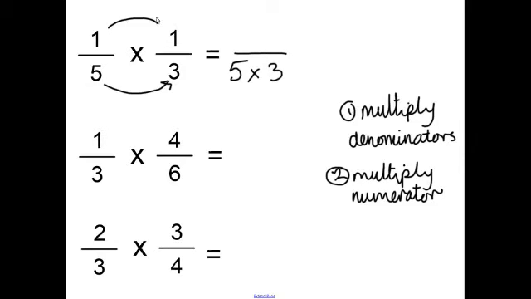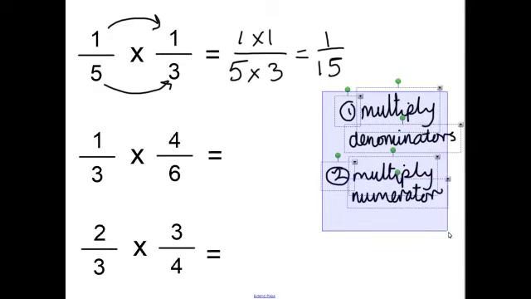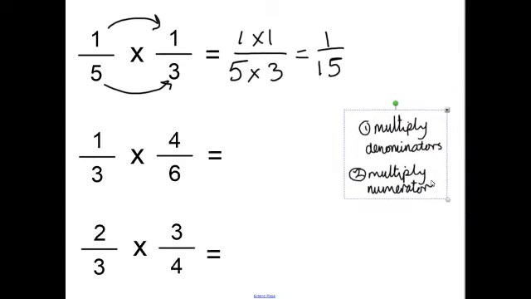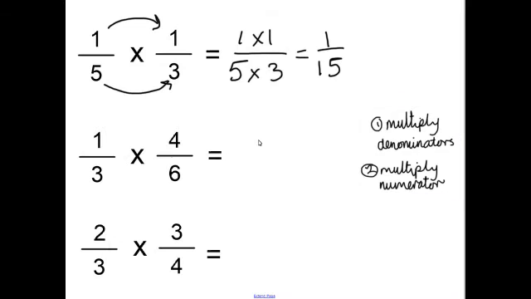And we multiply our numerators together, 1 times 1. So 1 times 1 is 1, which gives us our new numerator. 5 times 3 is 15, which gives us our denominator. So 1/5 multiplied by 1/3 is 1/15.